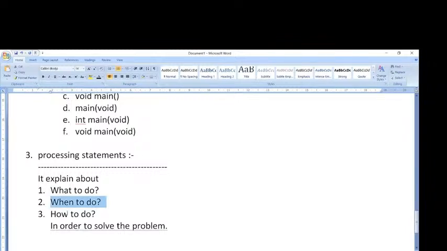So these are the three parts in a sample C program. Now note this. My dear friends, note this.